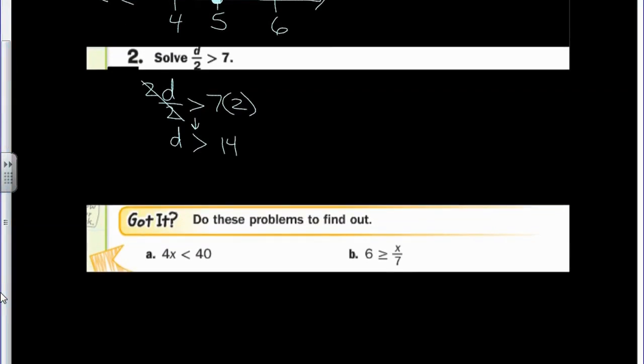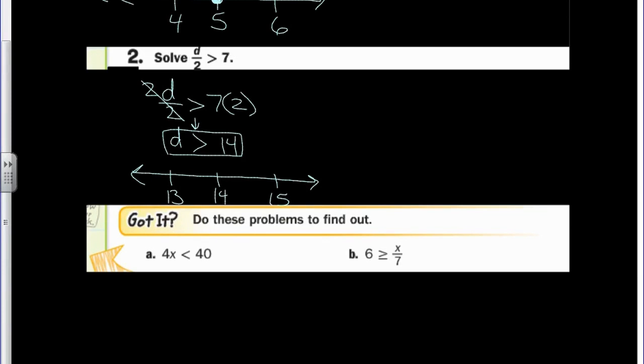Now, we need to graph that, so I'm going to draw a graph. And again, 3 numbers with 14, the solution we came up with, in the middle, one number higher, 15 to the right, and one number lower, 13 to the left.